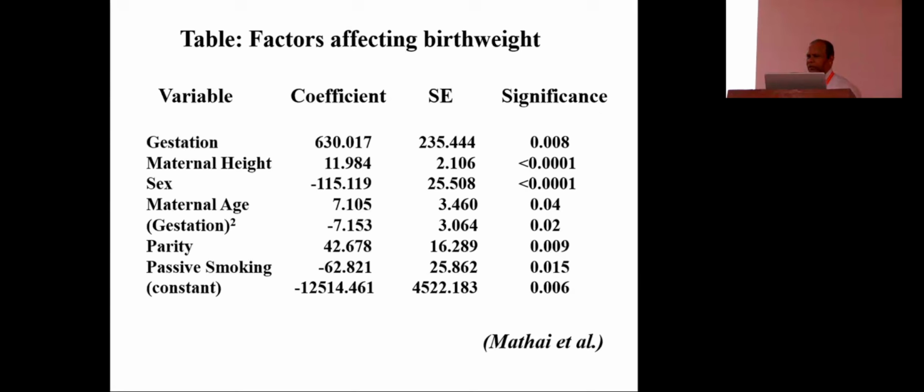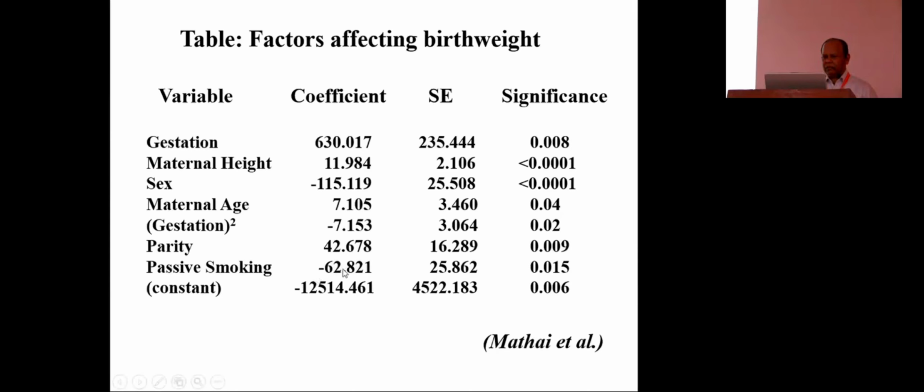This is about, if the lady is a passive smoker, what kind of decline happens in her baby's birth weight. Do you understand? So if you have a covariate measured as whether she's a passive smoker, yes or no? Okay. So you need to see where is that variable, passive smoking, yes or no?